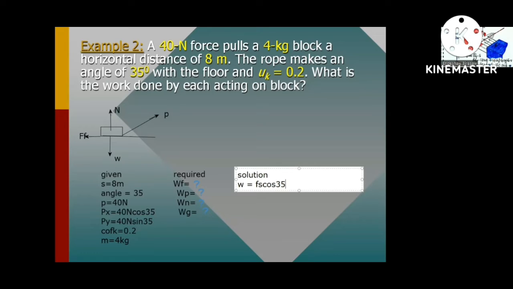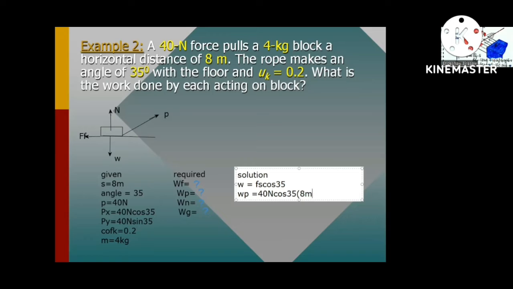Therefore, work done by P is given by 40 Newton times cos 35 degrees times the displacement x, which is 8 meters.